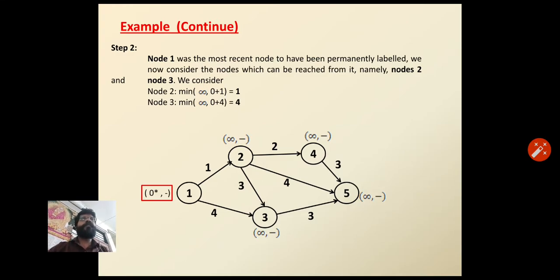Again, we calculate the minimum value of node 3. The old value of node 3 is infinite and the new value of node 3 is 4 plus 0, because node 1 has an initial value of 0. So 0 plus 4 equals 4. So the minimum value of node 3 is 4.